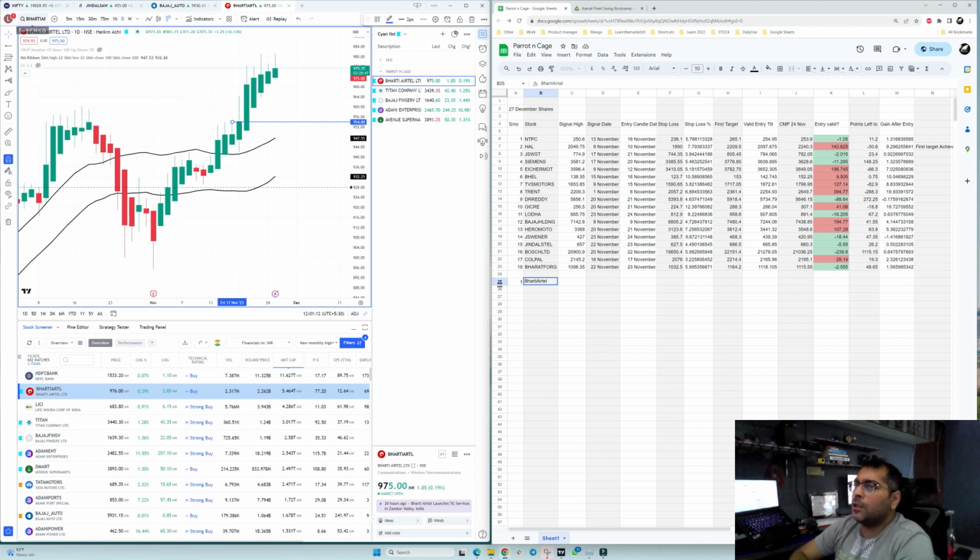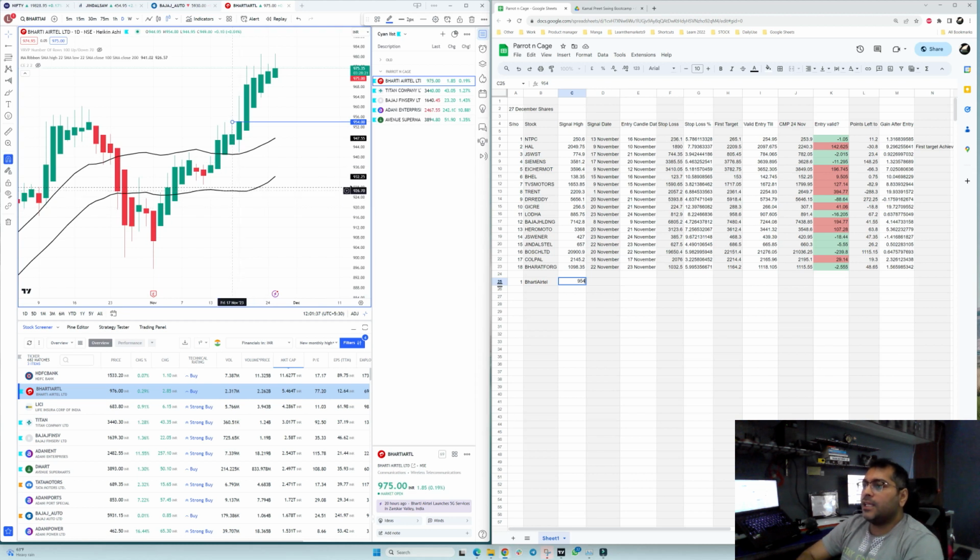You can write down your code as well. This is for your own use, however you think it suits you. So now the first column is signal high, which I have marked here.